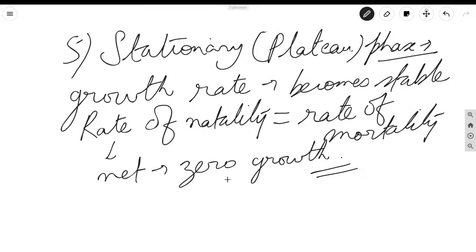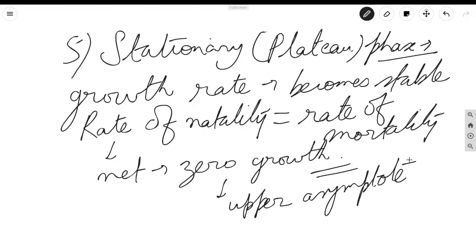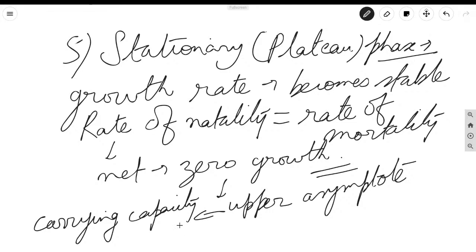The carrying capacity is also known as the upper asymptote of that habitat or the environment. Upper asymptote of that habitat or environment, or you have reached the carrying capacity of that environment, because as far as the resources present in that environment is concerned, only that many individuals are allowed to live, because more than that the resources will get devoured and the environment will become unstable.